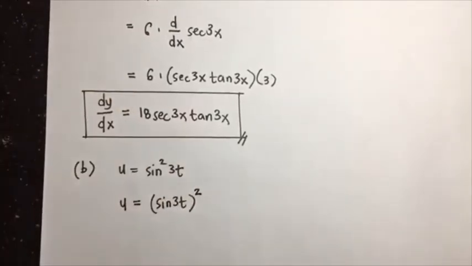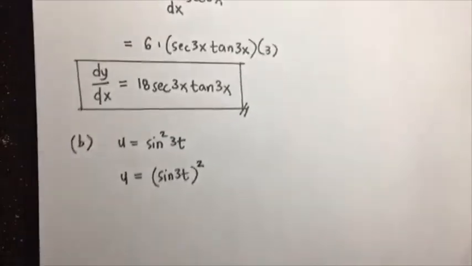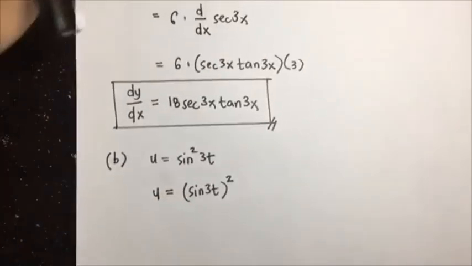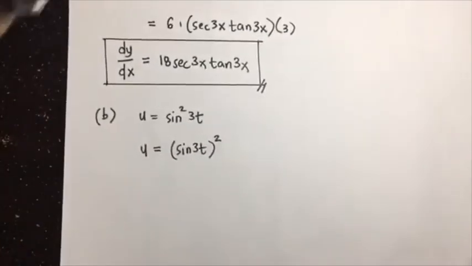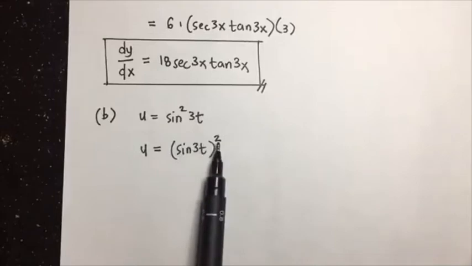In this type of function, we can now use the general power formula, where our u is sine of 3t and our n is 2.